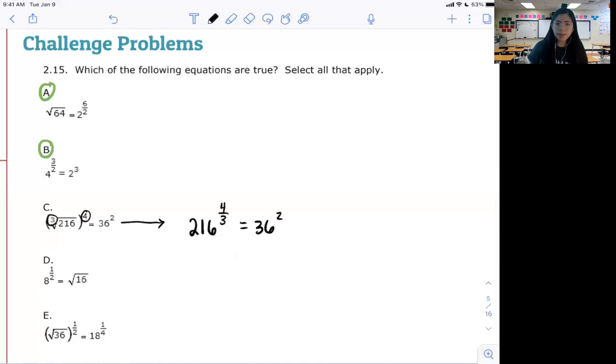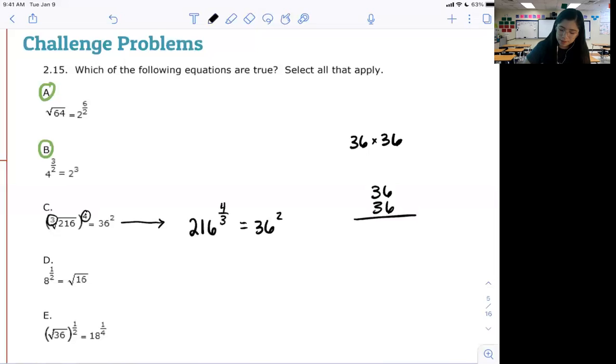Okay, I see somebody's telling me to try 36 to the power of 2. So 36 times 36. That's going to be kind of a lot of work, but let's just see what happens, because I don't have a calculator for this problem.